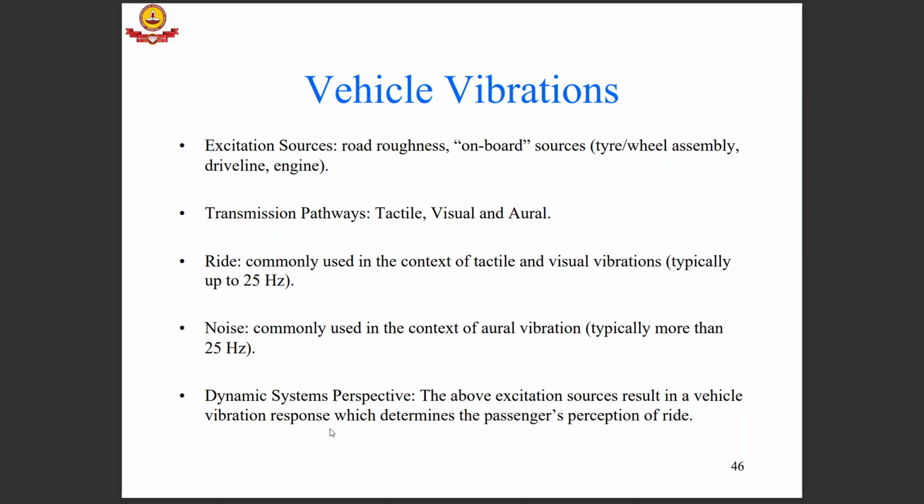From a dynamic system perspective, the excitation source results in a vehicle vibration response which determines passengers' perception of ride. So if we are not listening to too much noise and cannot see it, we would categorize the perception as being in a good category.